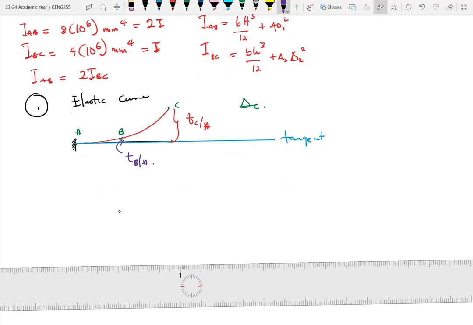Luckily for us, because the tangent drawn from A is horizontal, in this special case TCA is the same as delta C, and TBA is also the same as delta B. This is a special case.